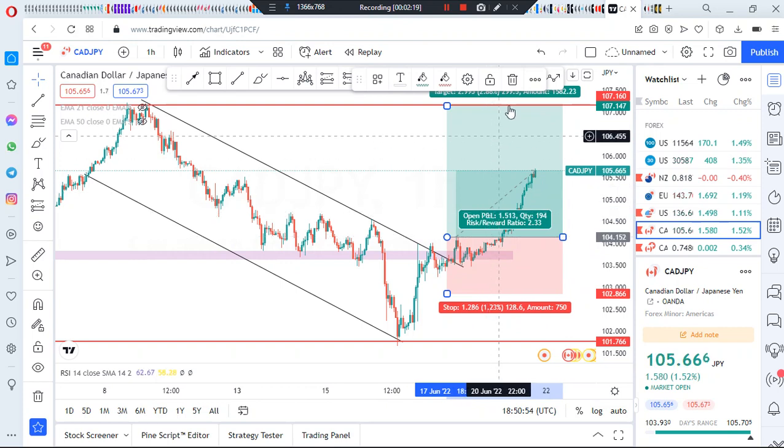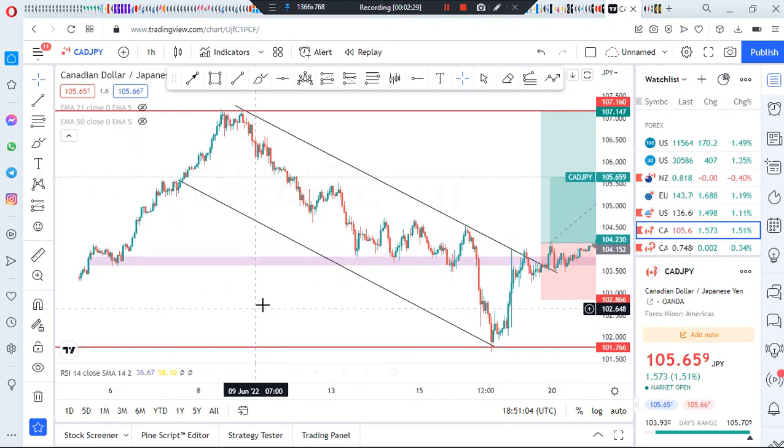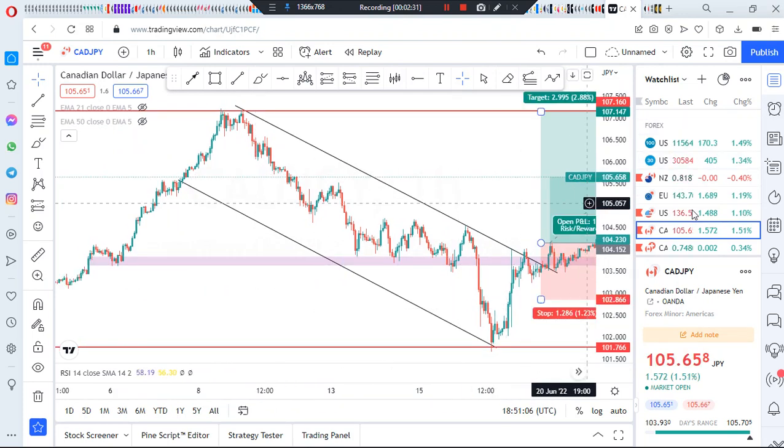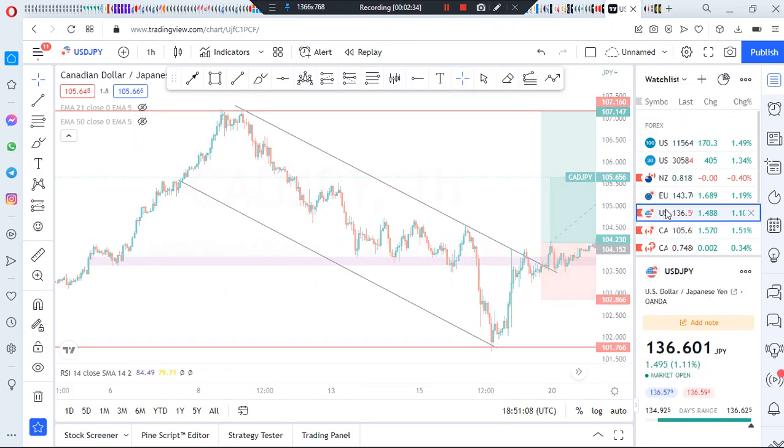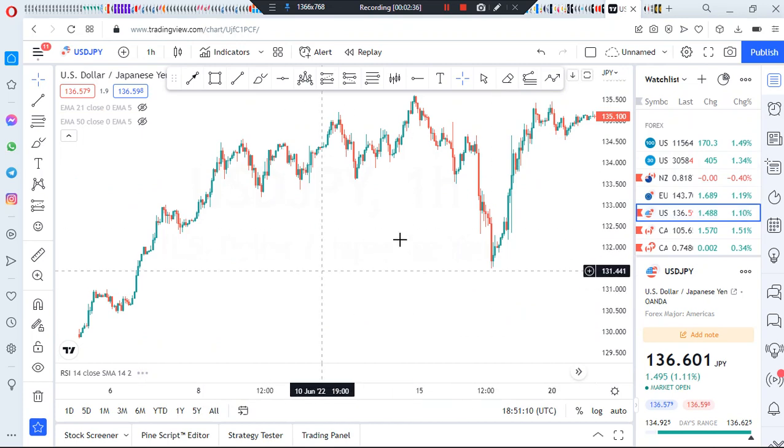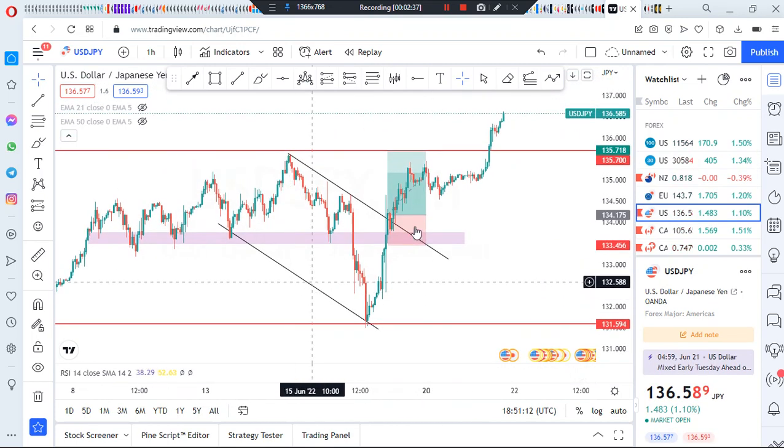If you're in this trade, you're going to hold it up to maybe around these areas to complete this setup. As you can see, our prediction was correct.